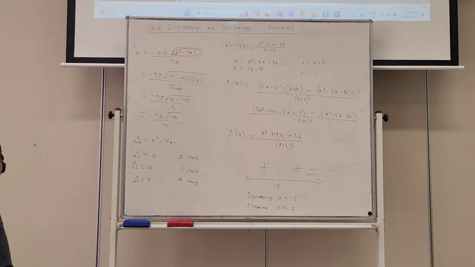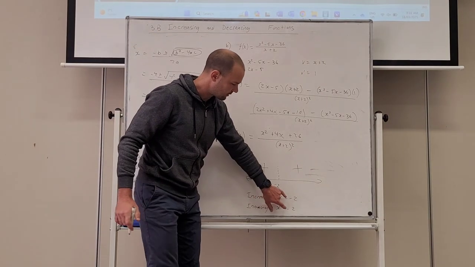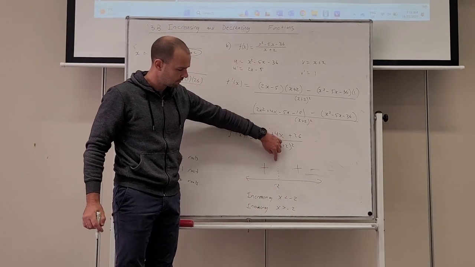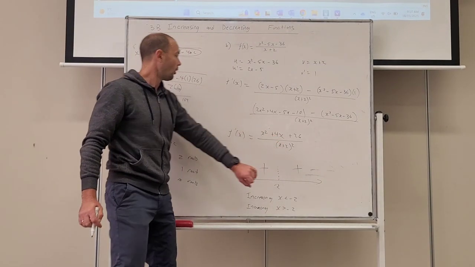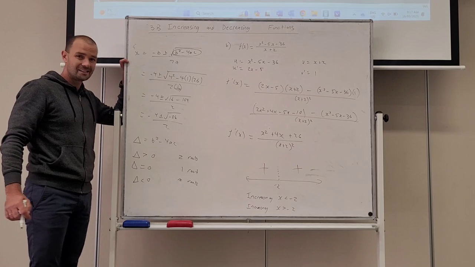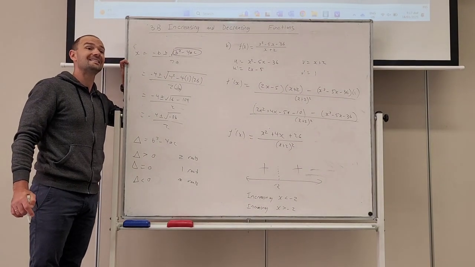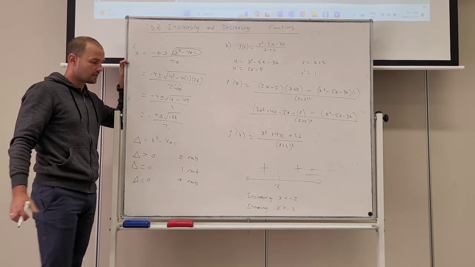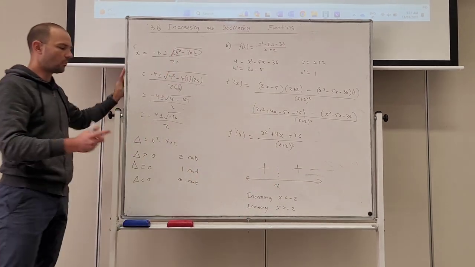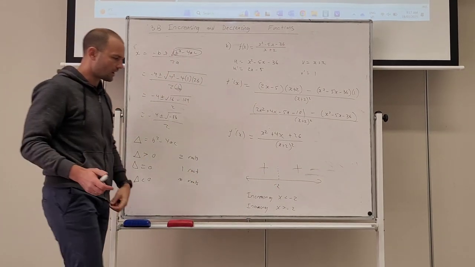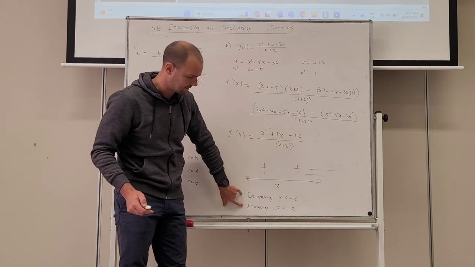Can anyone tell me, why am I not including the point this time? That's right, it doesn't exist at the asymptote. Over here, in our first example, we did include the point because it exists at that point. Here, we don't include the point because there's an asymptote there. So it's a way of demonstrating whether there's an asymptote occurring in a single statement.